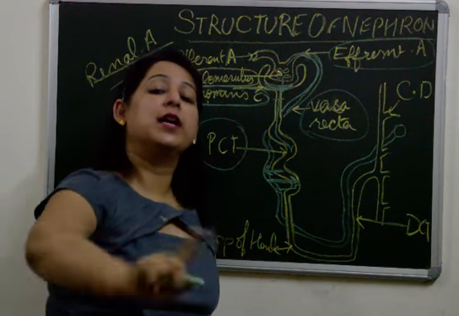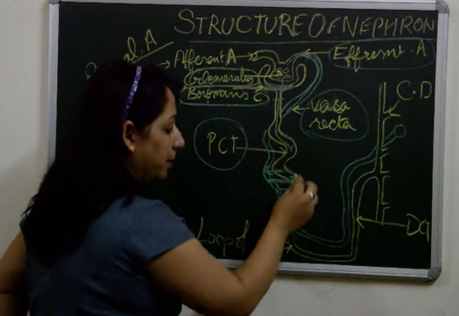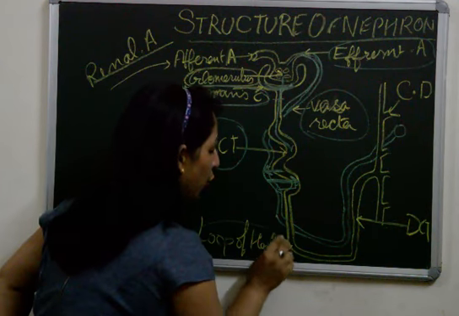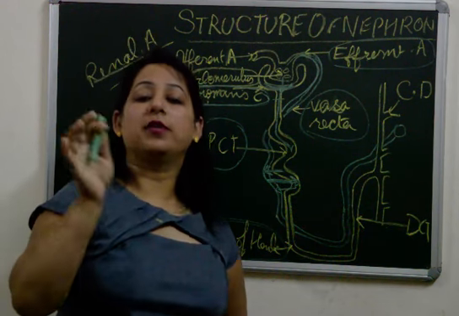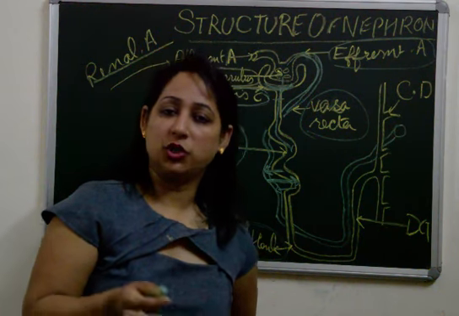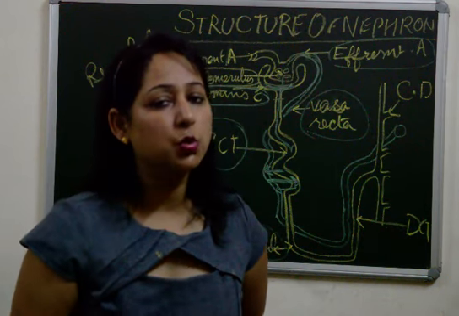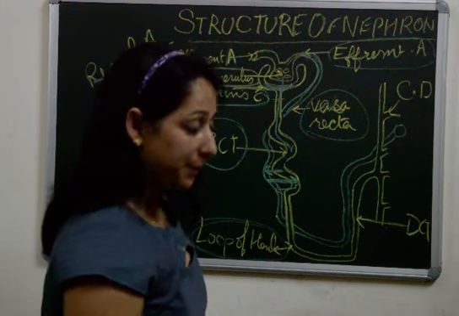That is why these tubes are running parallel to each other. Now, after this reabsorption, the filtrate will move to the loop of Henle. In the loop of Henle also, certain useful substances, minerals and all, are reabsorbed back into the bloodstream.